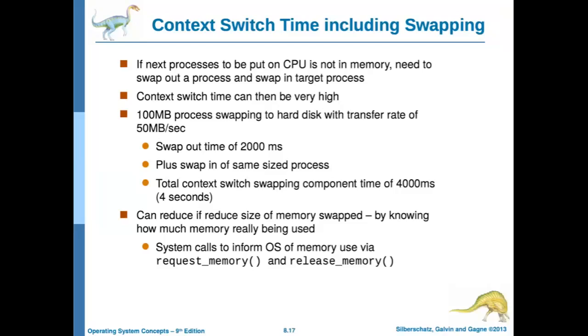The key point here is whenever swapping is included in the context switch, the time required for context switching is very, very high. So that is the main thing here.